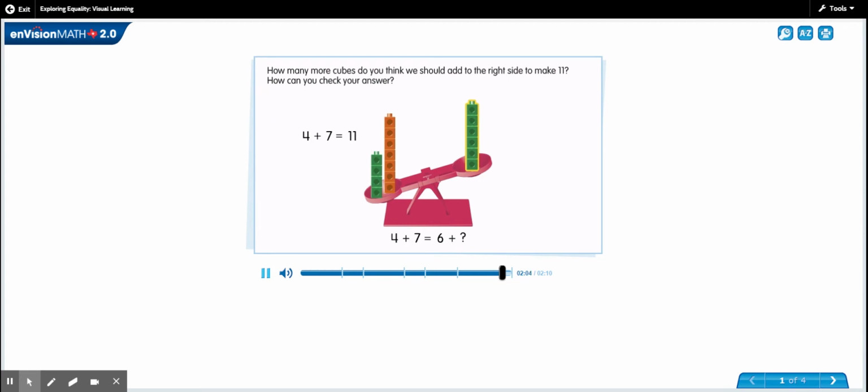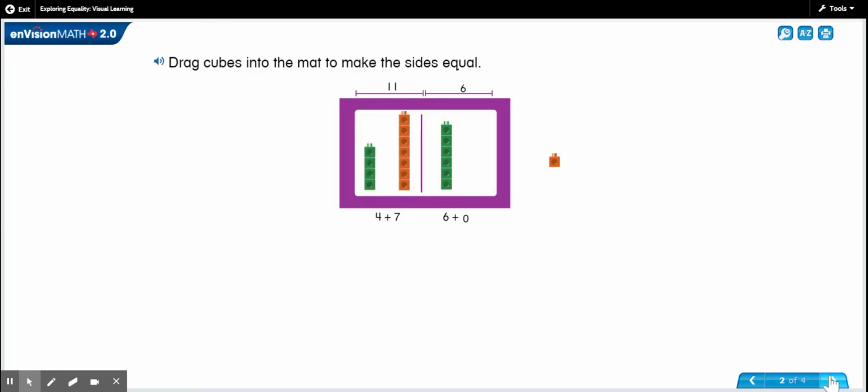How can you check your answer? Drag cubes into the mat to make the sides equal.